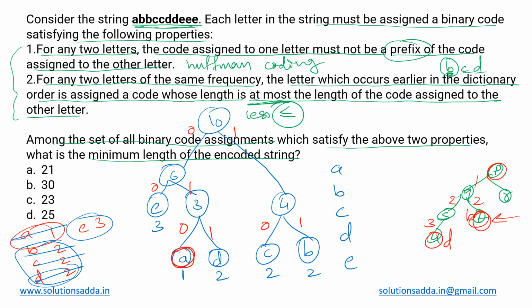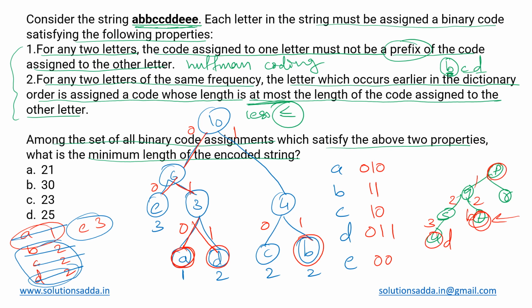It is 0 1 0. For D it is 0 1 1. Then coming to B, it is simply 1 1. For C it is 1 0, and for E it is 0 0. So we have got an encoding for all of them.